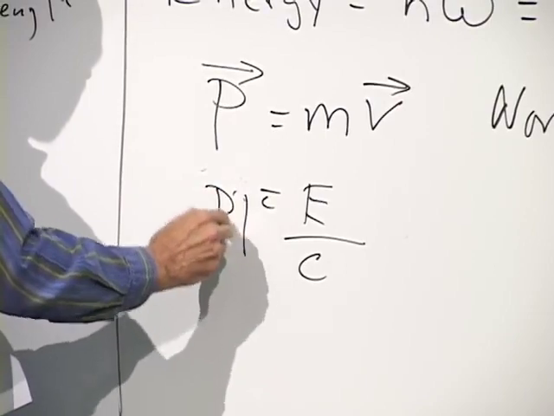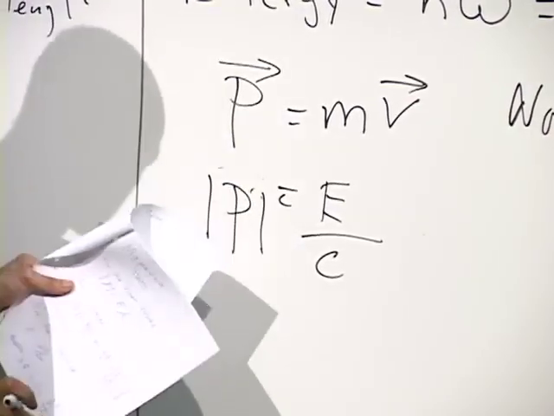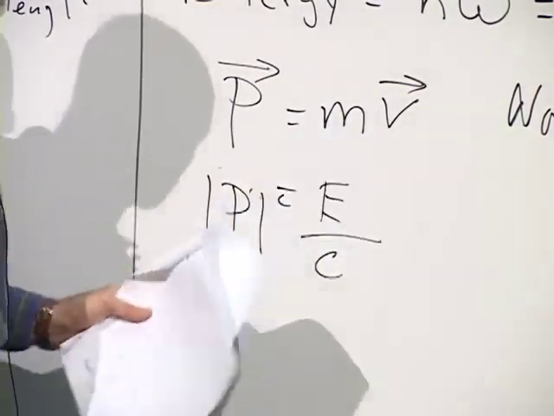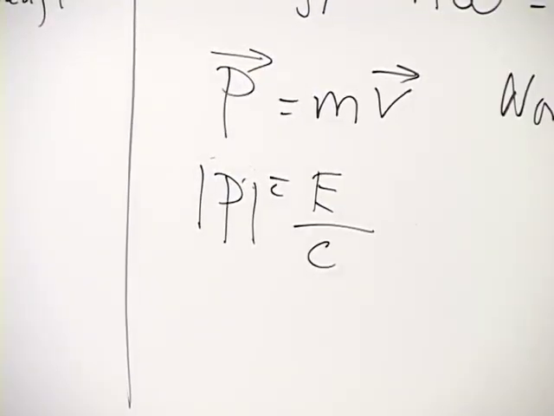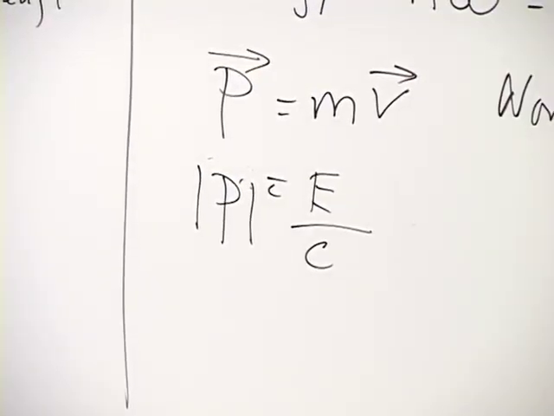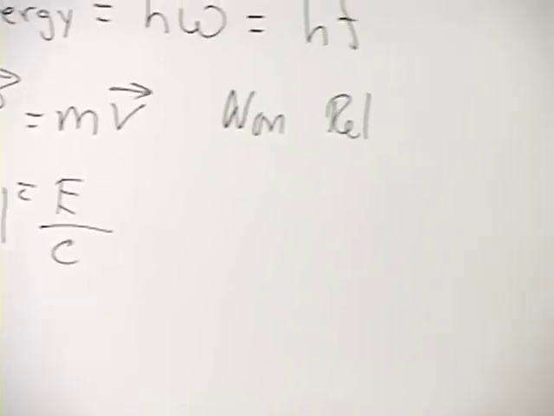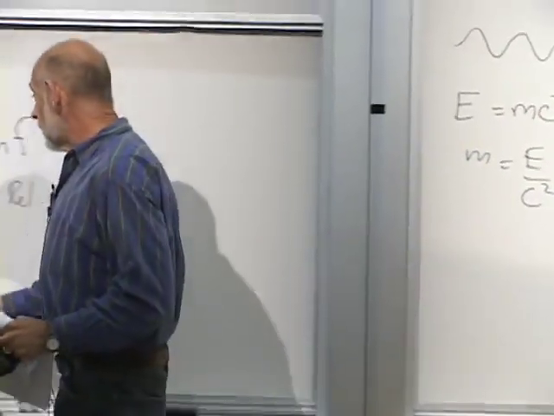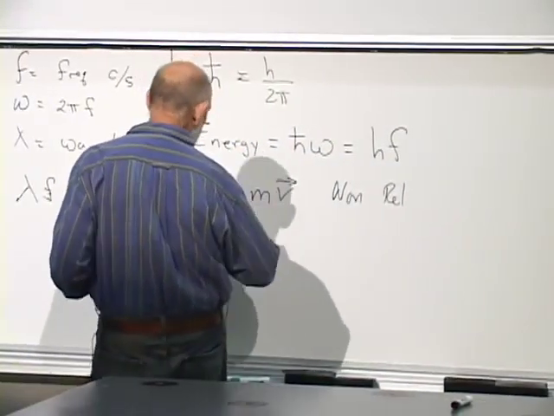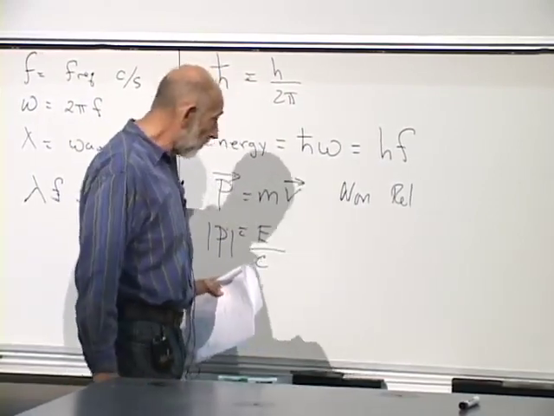For any electromagnetic wave moving in a constant direction, the direction of the momentum is the direction of motion of the wave. That's easy. But the magnitude of the momentum is the energy of the wave divided by the speed of light.